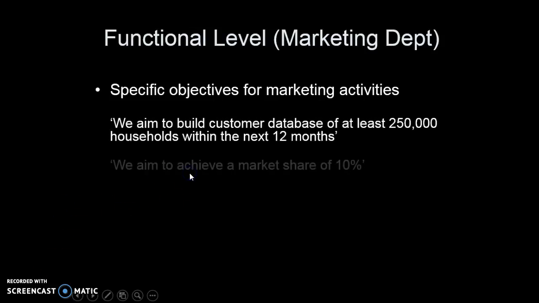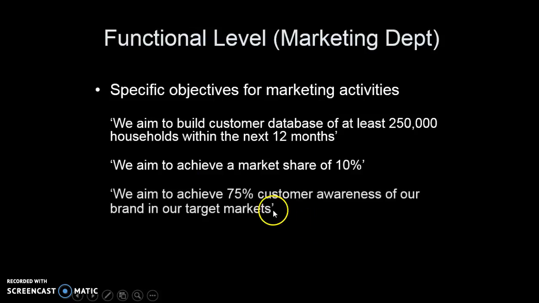So on a functional level, we're particularly looking at the specific objectives for each department. Now we're in this internal focusing on marketing. So at this level, we're looking at those specific objectives for marketing activities. So these might be examples of this. Okay, building a customer database, 250,000 households, market share of 10%, achieve a 75% customer awareness of our brand.